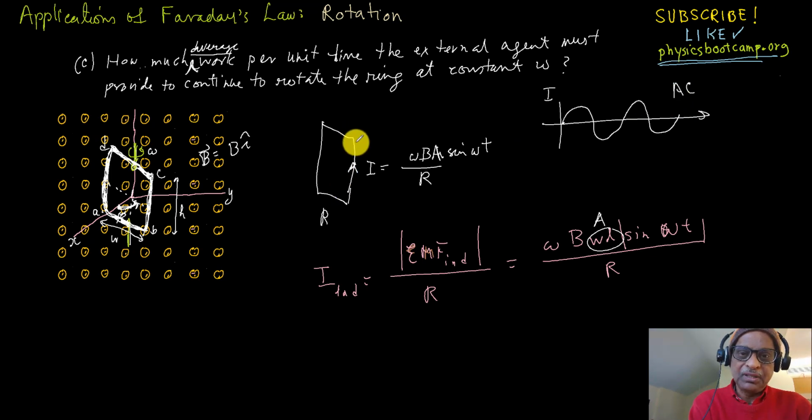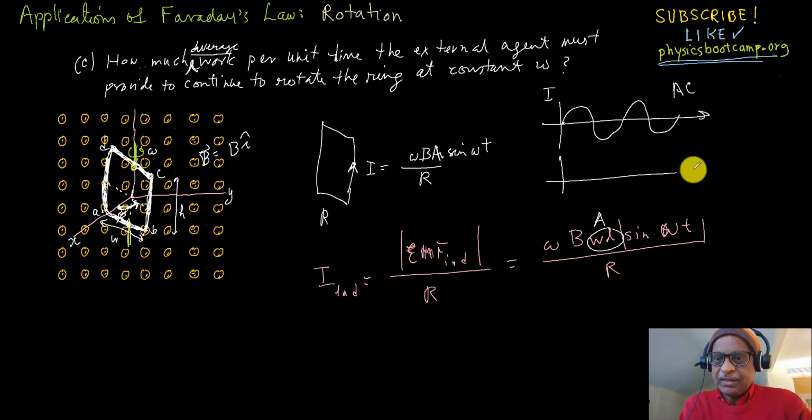Sometimes current is going this way, at some later time it's going this way when the ring is in another place. Okay, and the EMF was, I think, sine omega t, no, EMF of cosine omega t.